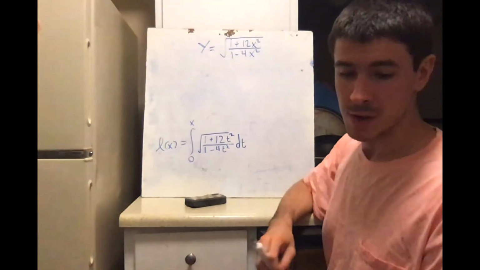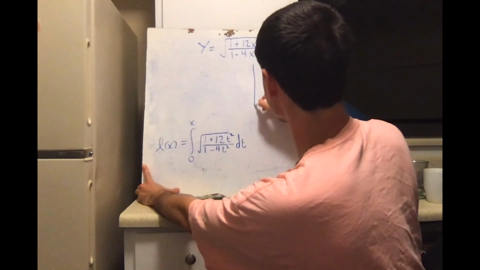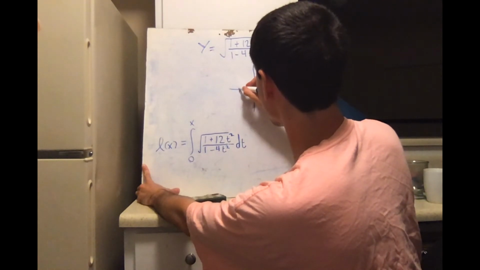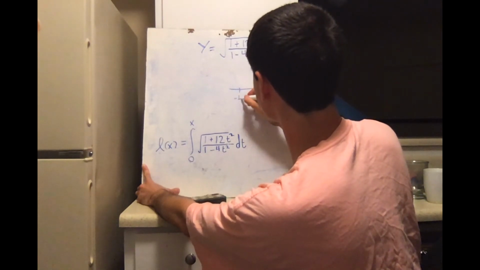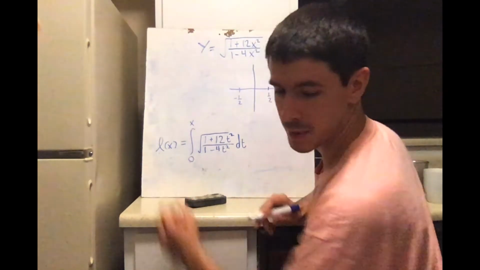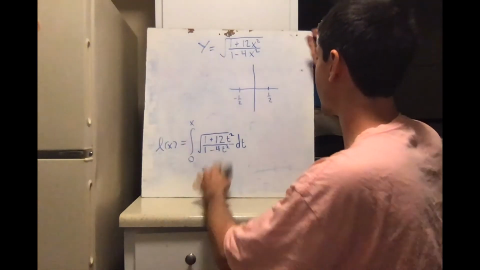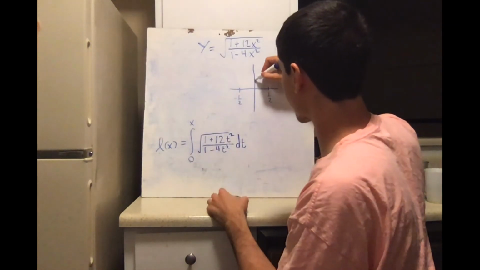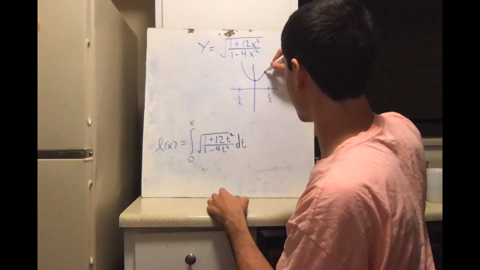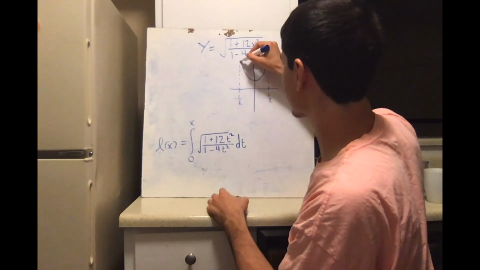To get an idea of what this curve looks like, it could help to graph it on Desmos, which is what I ended up doing. I'm going to reproduce what I saw. It has asymptotes right here, and looks something like this.